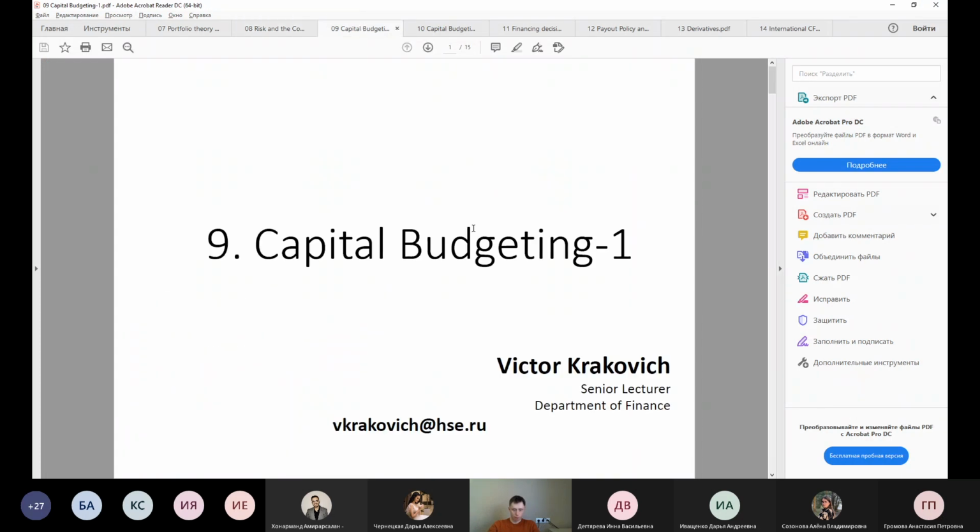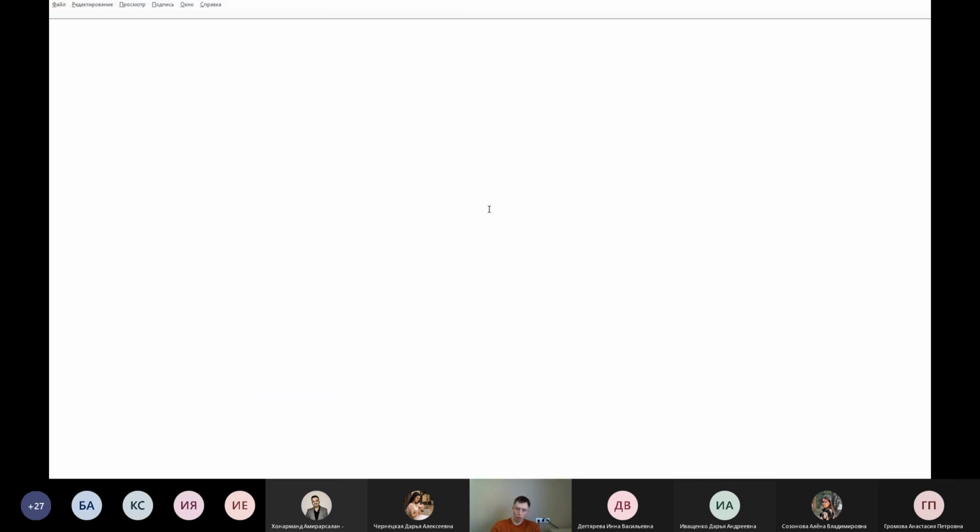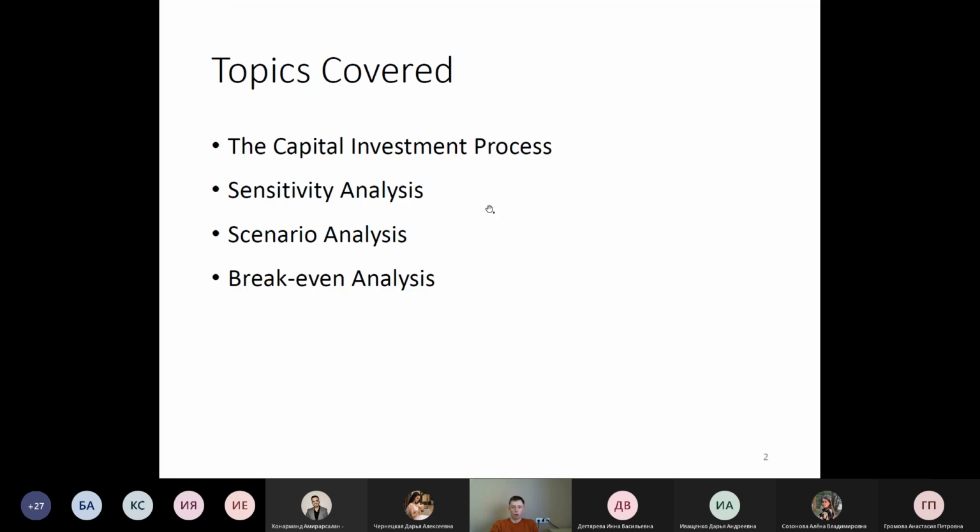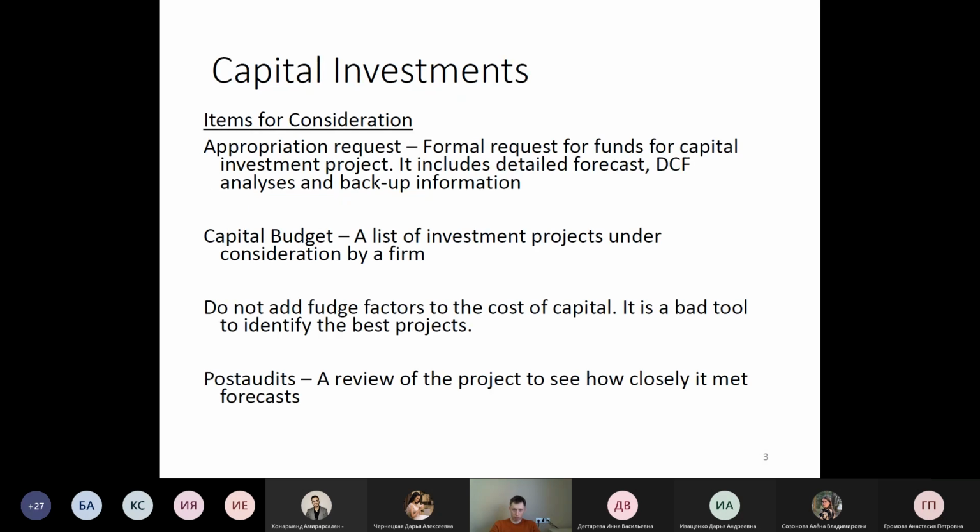Capital budgeting. This is the topic that you got more familiar with working on the second homework. In this case, we started from the capital investment process, then we considered multiple tools to estimate the risks of the project. First we presented the principle of considering the project within the corporation.